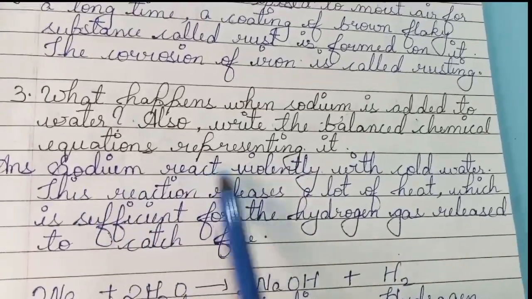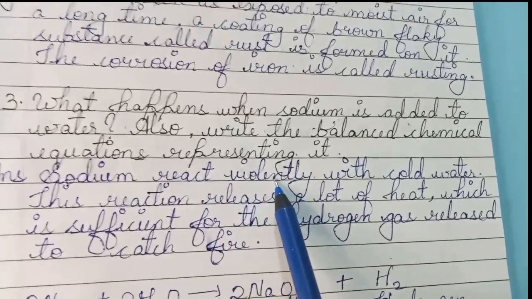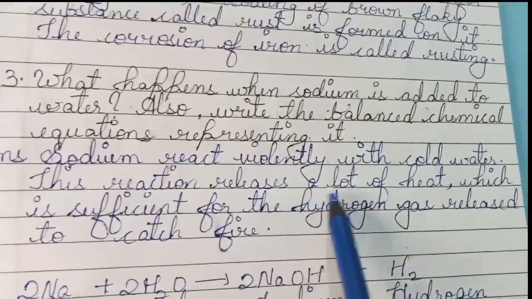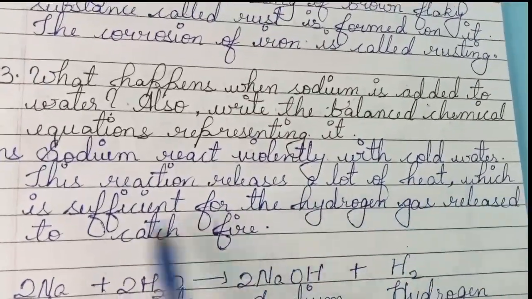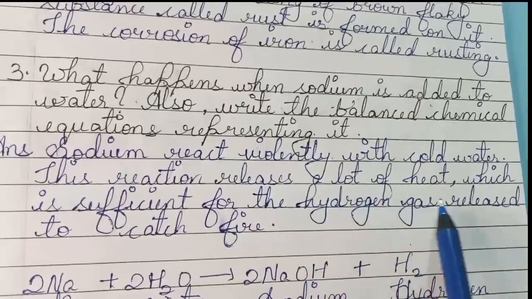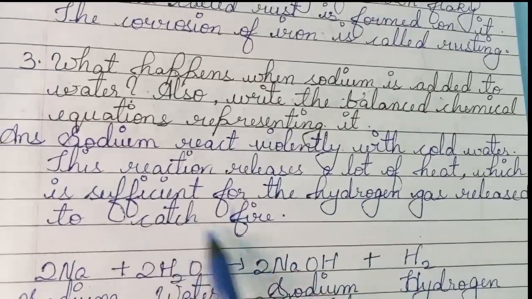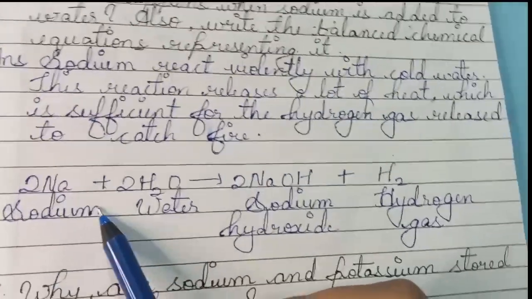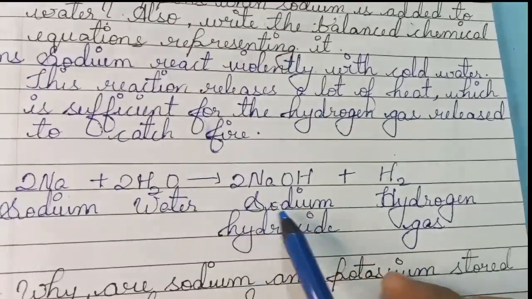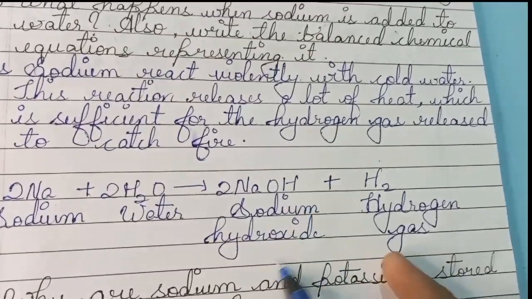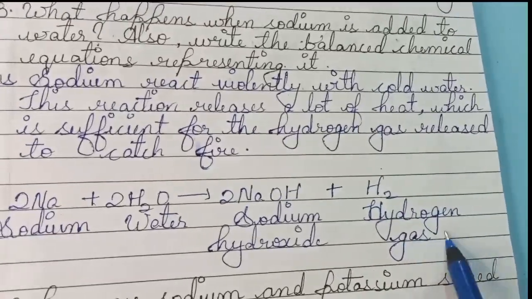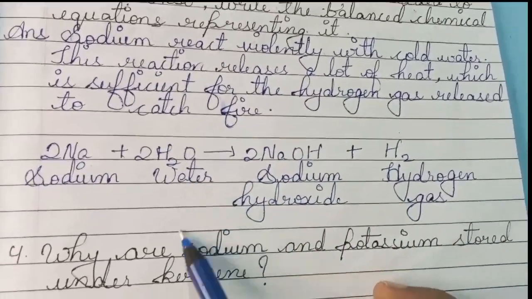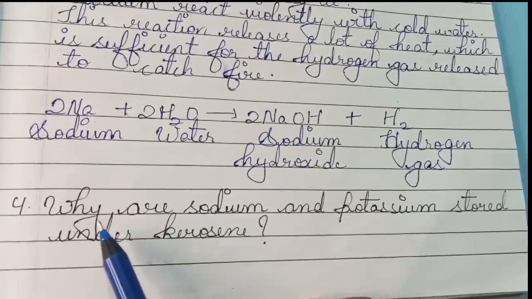Answer. Sodium reacts violently with cold water. This reaction releases a lot of heat which is sufficient for the hydrogen gas released to catch fire. Answer. Sodium when reacts with water gives rise to sodium hydroxide and hydrogen gas. So this is a balanced chemical reaction. Question number 4.